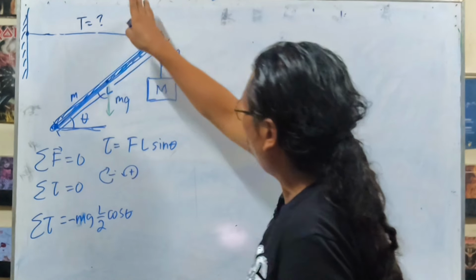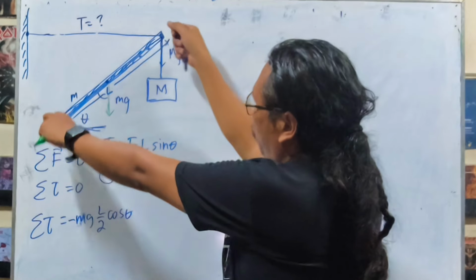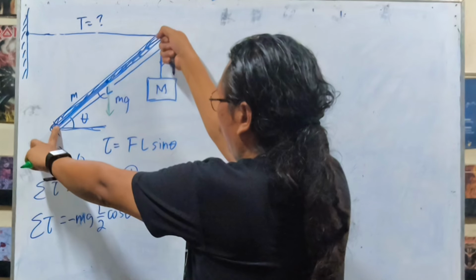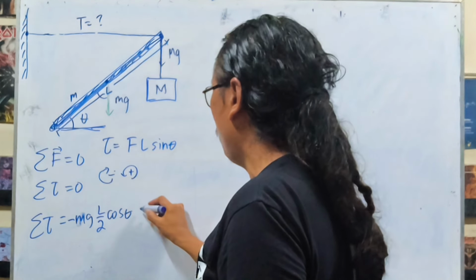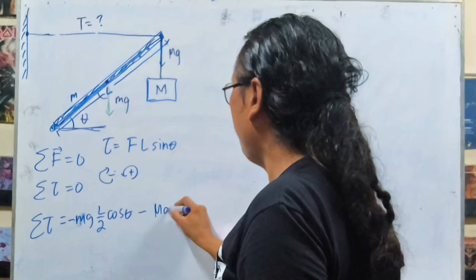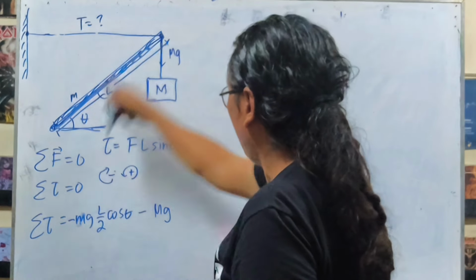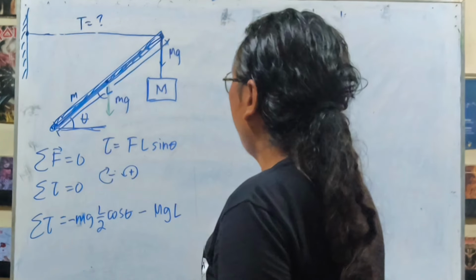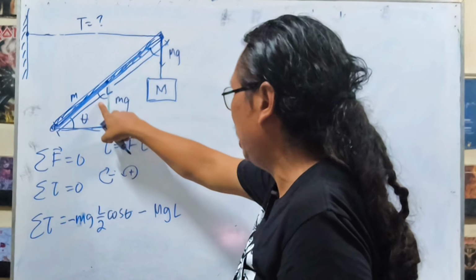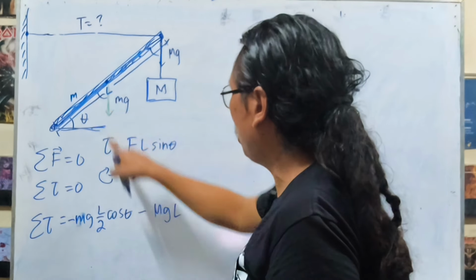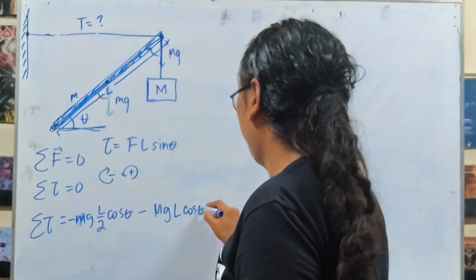This creates a clockwise torque, because if this is the pivot point and you pull it here, it will create a clockwise rotation. So this is minus mg, and the lever arm is just L, times sine of pi over 2 minus theta, which is again cosine of theta.